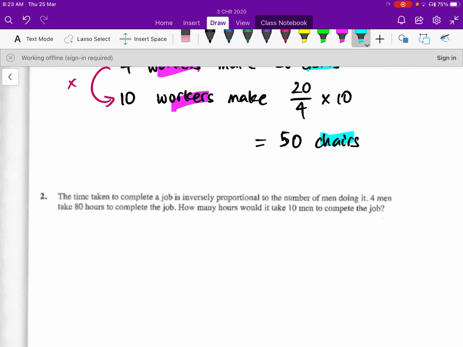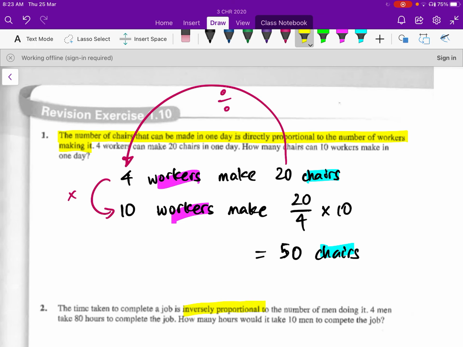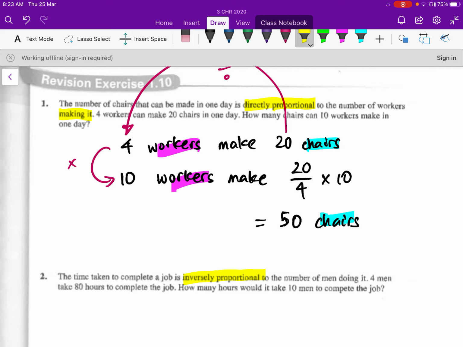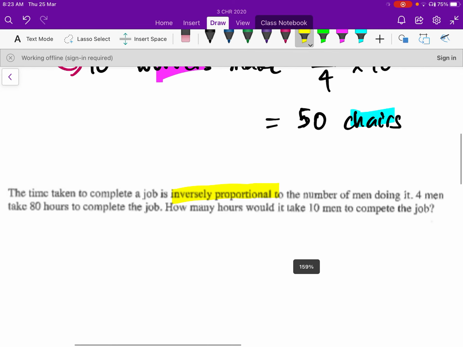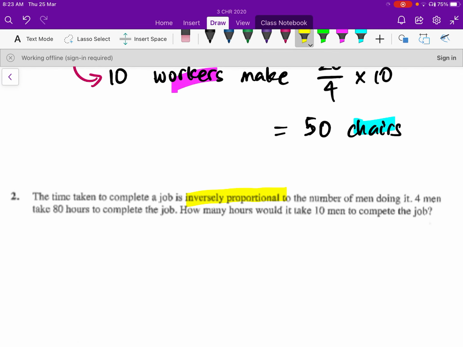Time taken to complete a job is inversely proportional. This word over here, compare it to this phrase: directly proportional and inversely proportional. They're like the opposite. So what is happening over here? Time taken is inversely proportional to the number of men doing it.